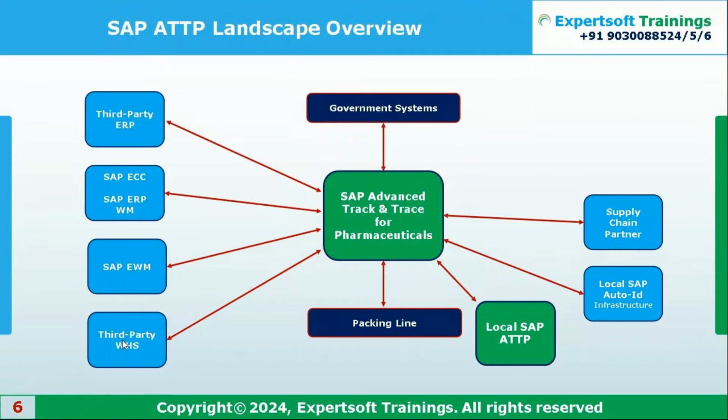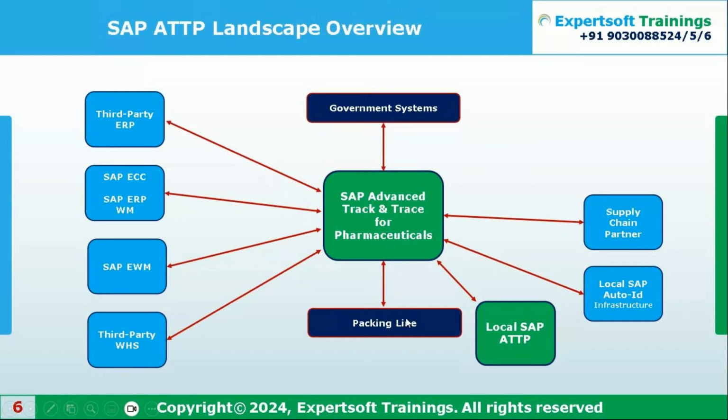As a supply chain track and trace system, our ATTP should know where our goods are, because usually we dispatch thousands of quantity to the warehouse, but the warehouse dispatches in small sizes depending on the order, so these are the different functionality at the third party warehouse.